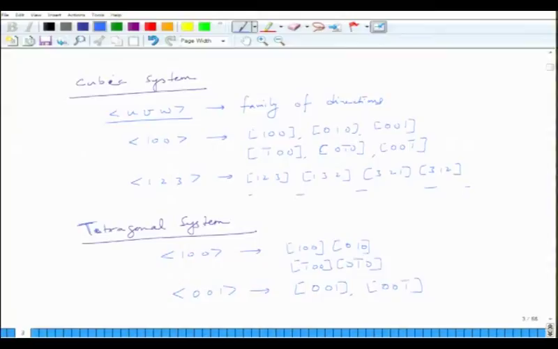So they are two different vectors. This is the difference between tetragonal and orthorhombic. You can work out the multiplicities by yourself. For example, for the cubic system your 100 will have a multiplicity of 6, your 110 will have a multiplicity of 12, and your 111 will have a multiplicity of 8. So that is how you draw various directions.